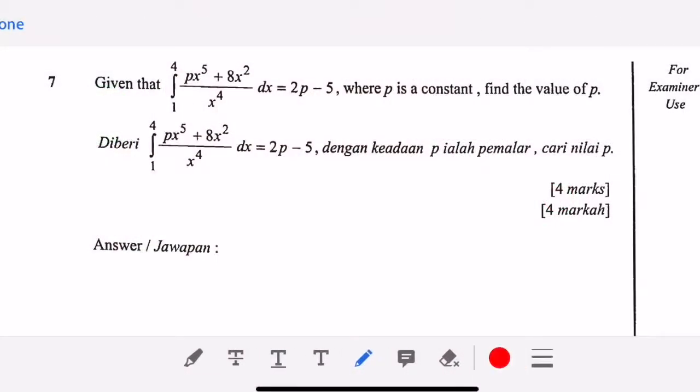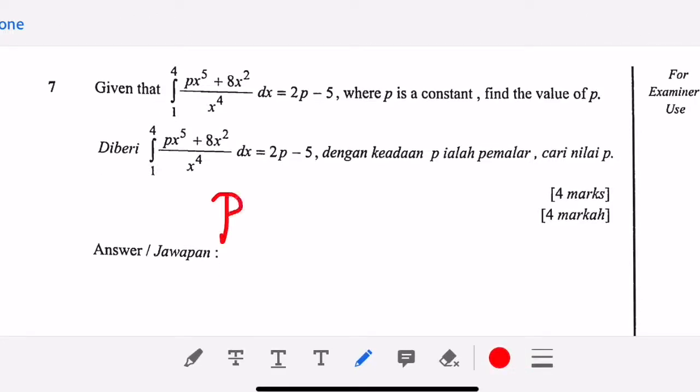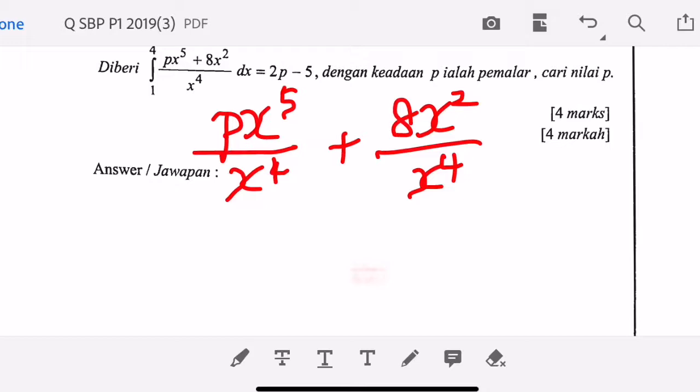For this question, you need to make sure you simplify until you can see ax^n. So you write px^5 over x^4 plus 8x^2 over x^4. That means every term you divide by x^4.